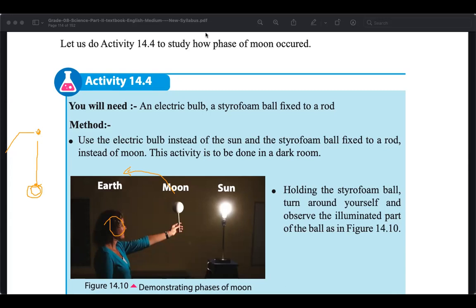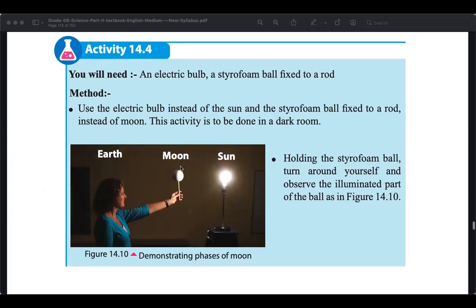Right. Then how many days? 28 days. Closer to 28, 27 point something, right? That is what the moon takes to rotate around us. So then you can rotate.